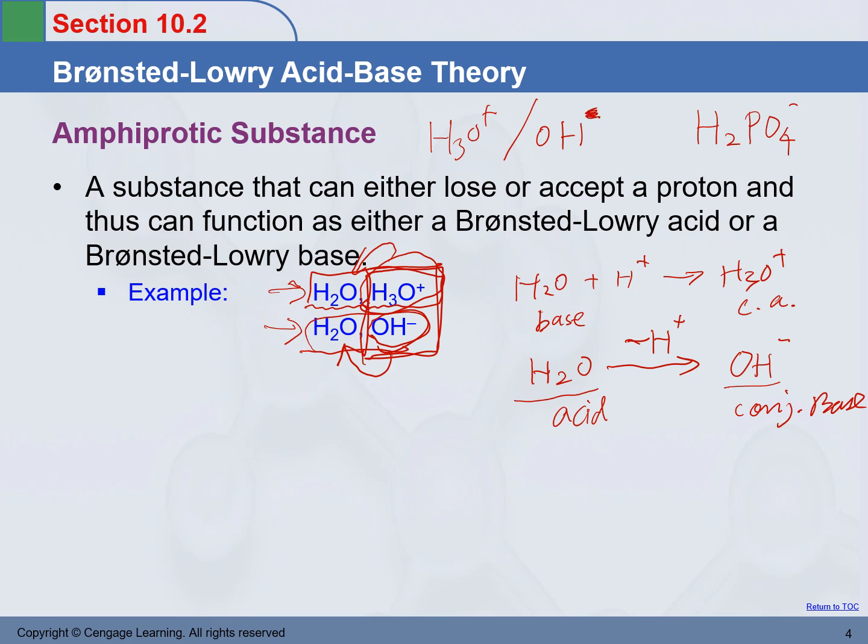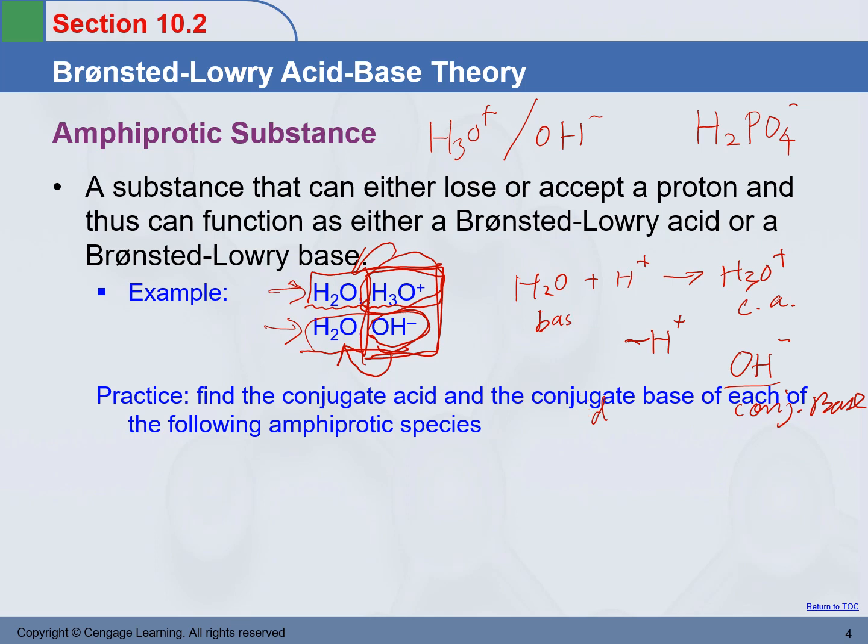Please be clear about that. They differ by 2 protons. All right, let's move on.